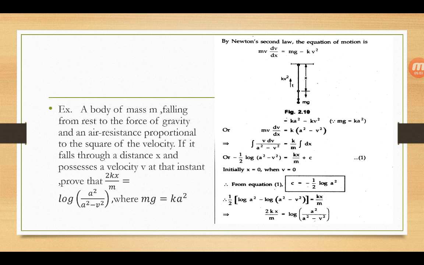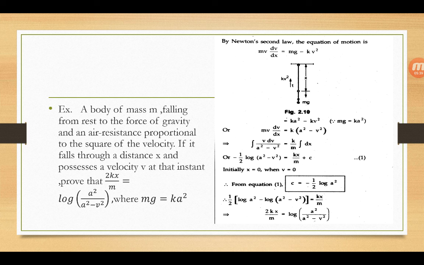But the information that we have is mg is equal to k into a square. Substituting that value, we get m into v dv by dx equal to k times a square minus v square. Rearranging the equation and separating the variables, we get v into dv divided by a square minus v square is equal to k by m.